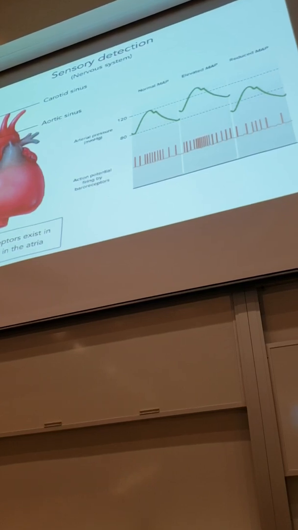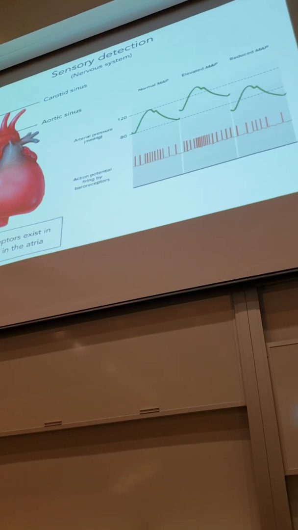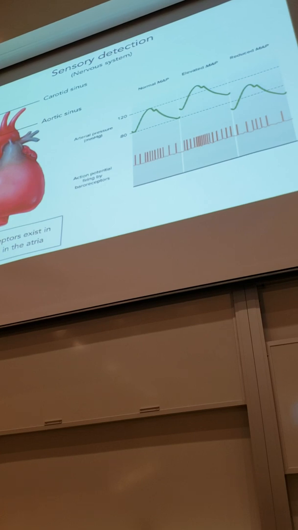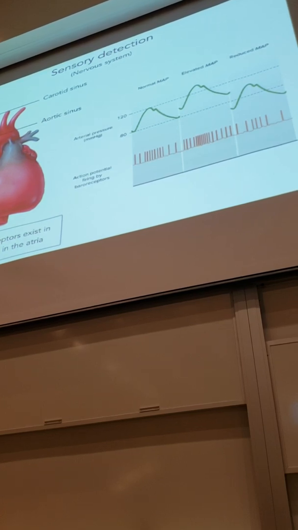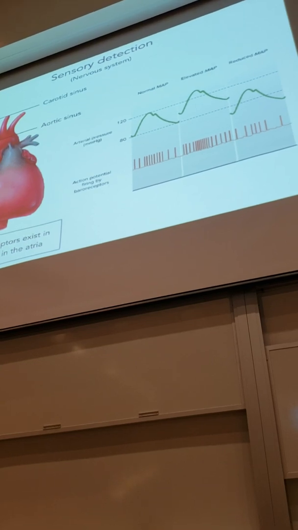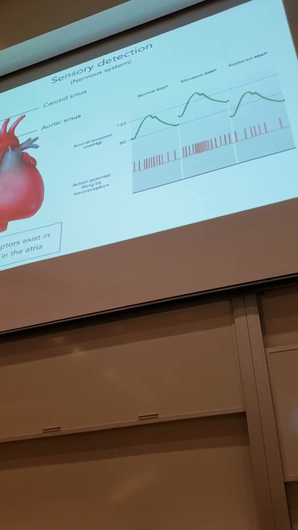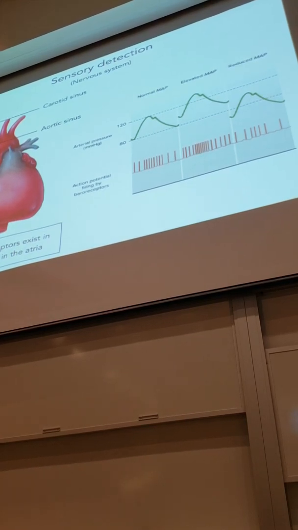The reason being is that veins are at low pressure, and those little changes in venous pressure reflect venous volume changes, and venous volume changes are reflective of blood volume changes. So there are venous baroreceptors, and they do seem to play a less significant or less immediate role in responding to these changes, but they are important.